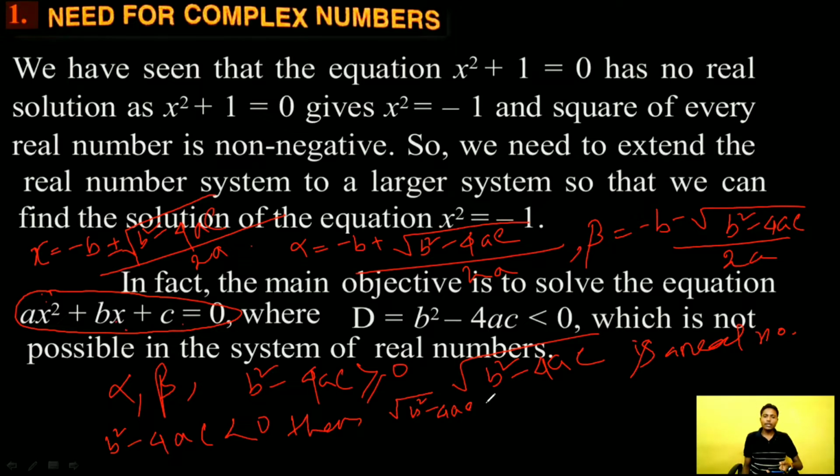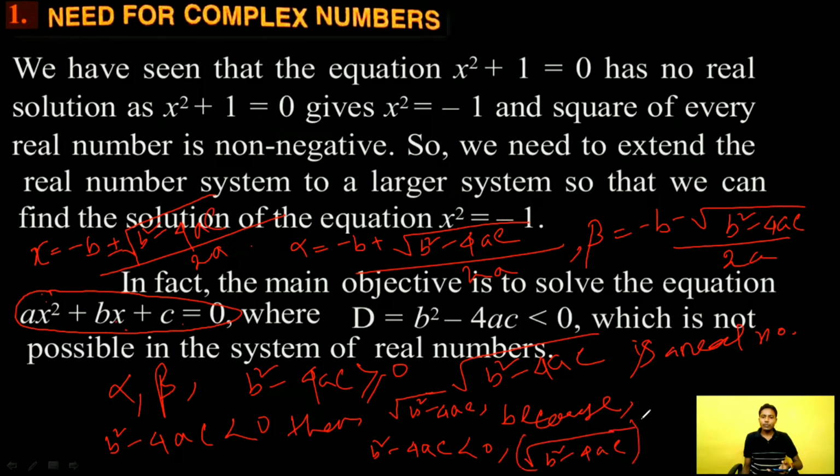This is because we know the square of any real number is a non-negative quantity, but the square of root over of b square minus 4ac is b square minus 4ac, which is less than 0.